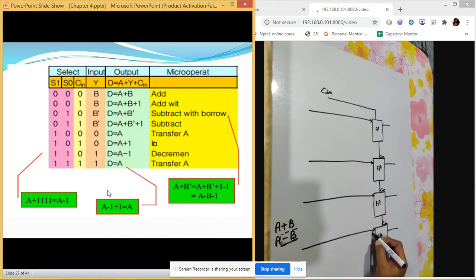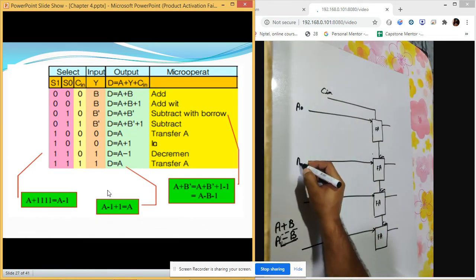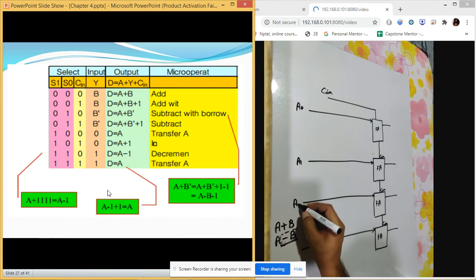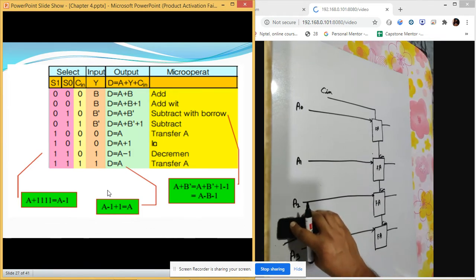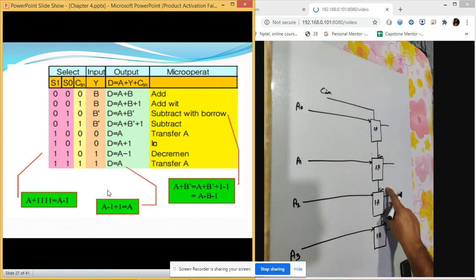So we have connected the value of A. This is known as A0, A1, A2, then A3. Now, as we have done everything with A, our values can directly enter this circuit using A, and we have one value which we have constructed, that is Cin.